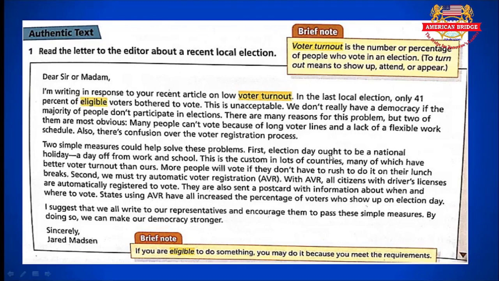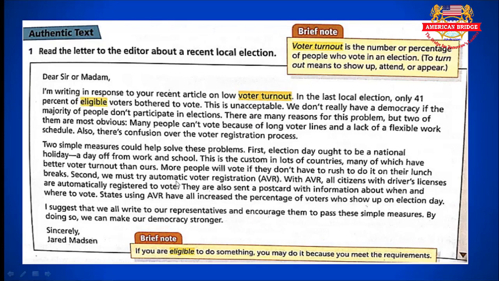First, election day ought to be a national holiday, a day off from work and school. This is a custom in lots of countries, many of which have better voter turnout than ours. More people will vote if they don't have to rush to do it on a lunch break. Second, we must try automatic voter registration, AVR. With AVR, all citizens with a driver's license are automatically registered to vote.